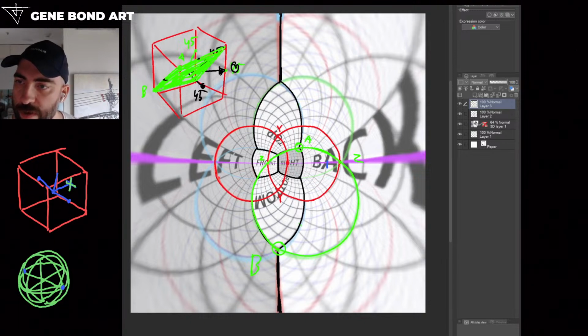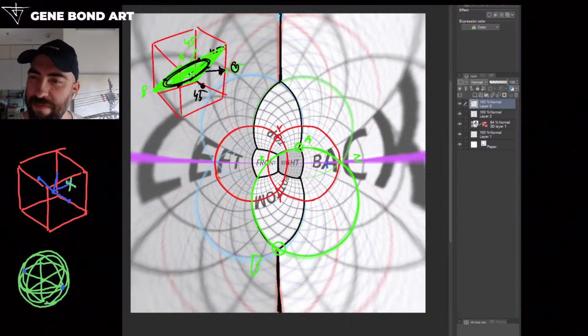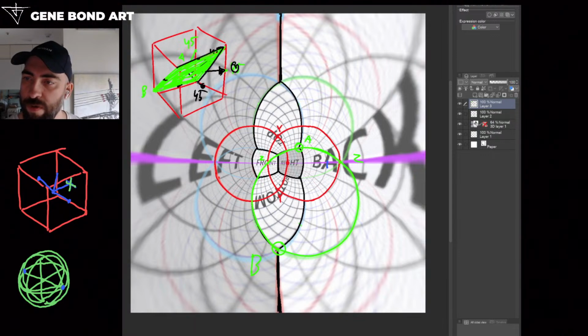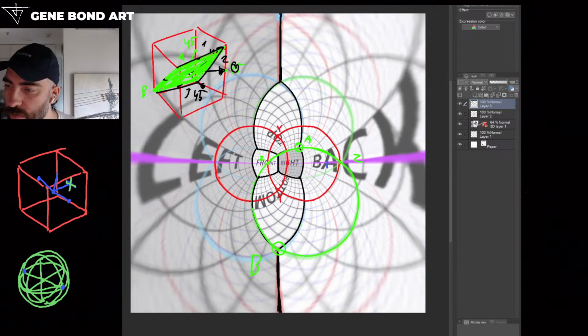We have this kind of ellipse here, right? But it's not an ellipse, it's actually these straight lines. So this 1, 2, 3, 1, 2, 3, it's less than half of this circle here.